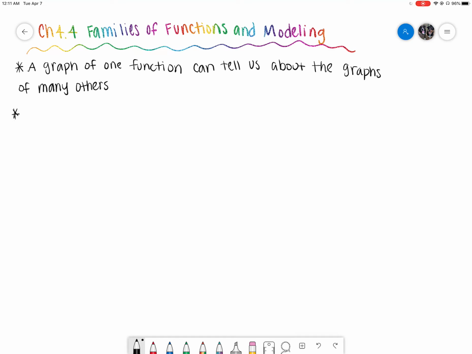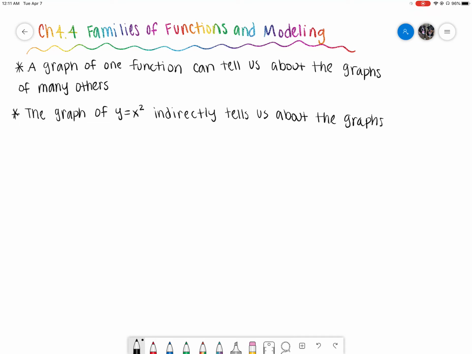For example, the graph of y equals x squared indirectly tells us about the graphs of y equals x squared plus 2, y equals x plus 2 squared, y equals 2x squared, and many others.